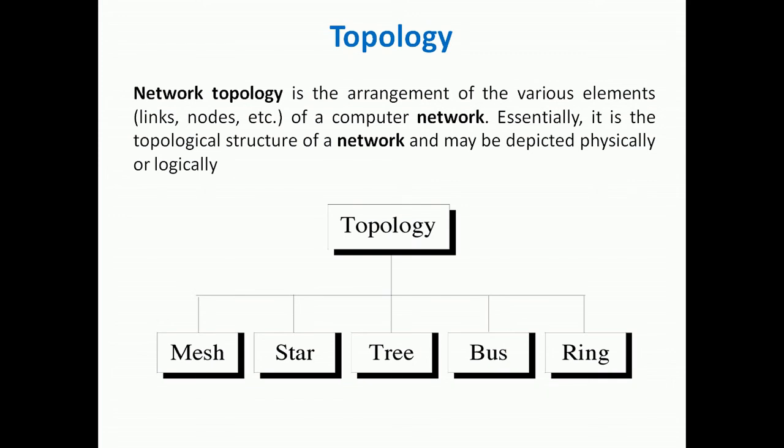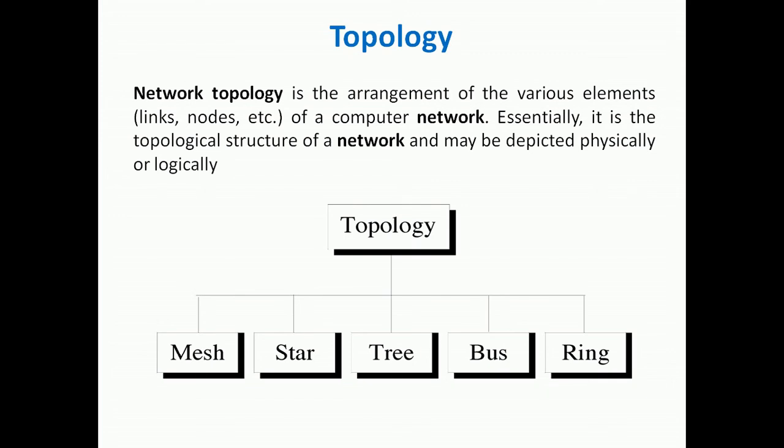Nodes mean computers, network connecting devices, and the lines which are connecting those devices, and we can say those communication channels, those links. The arrangement of these devices is known as network topology. How these devices are arranged in the computer network. Essentially, it is the topological structure of a network and may be depicted physically or logically.